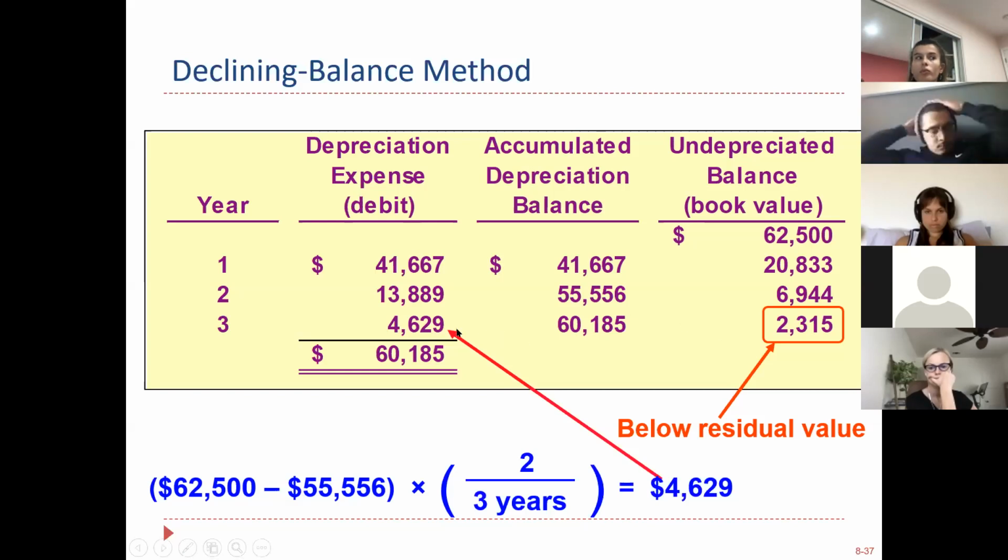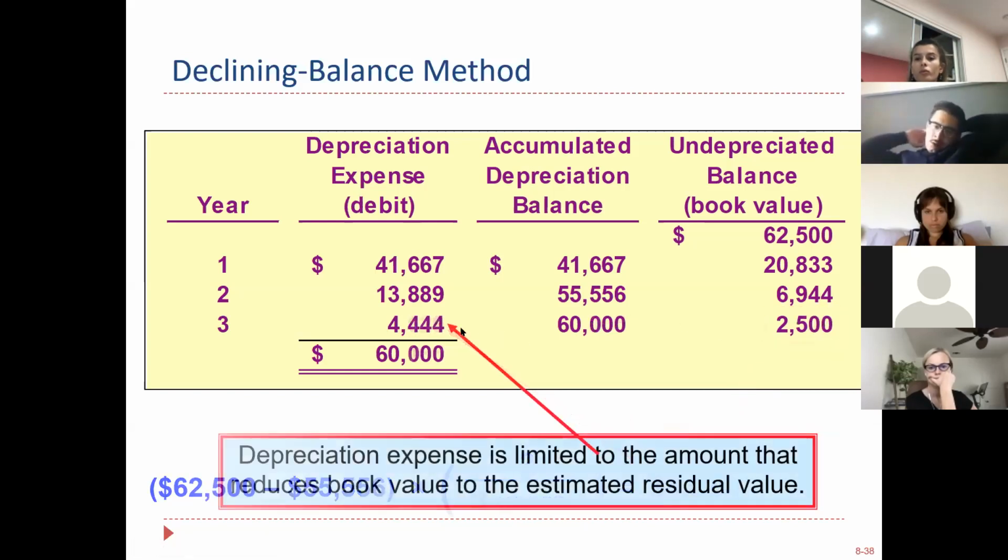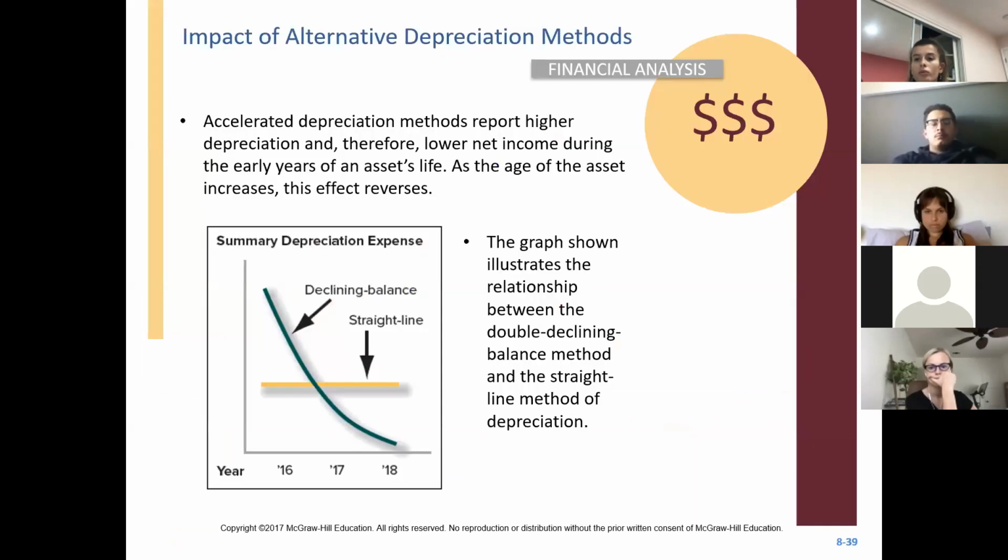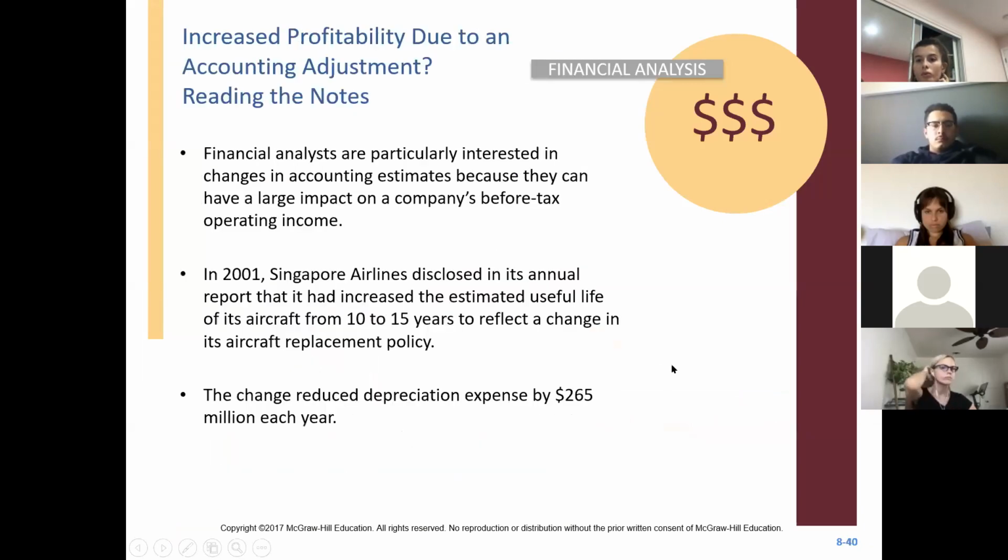So you're just gonna have to go back and change that number to what you need to equal 2,500. Okay, this is the trickier method. Trickier, okay? And they're just graphing it. Here, a lot of expense early, little expense later. It's just strategic.